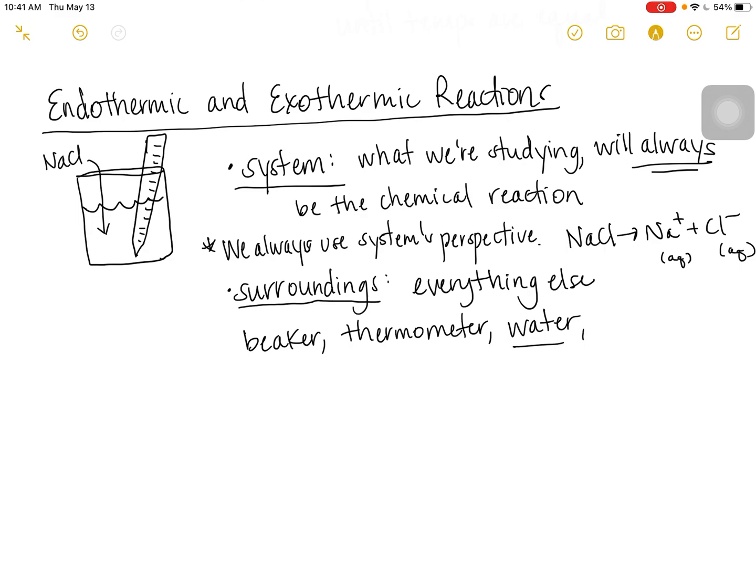And then I want to add on to this that you or us, okay, we would be part of the surroundings. Imagine holding this beaker. You're not the reaction, so your point of view is going to be different than what's happening in the reaction itself, okay? And that's going to be really important.